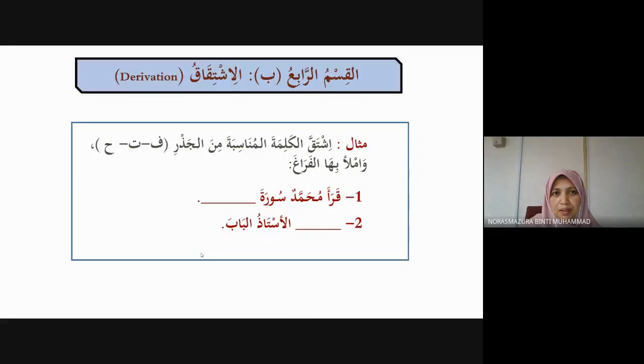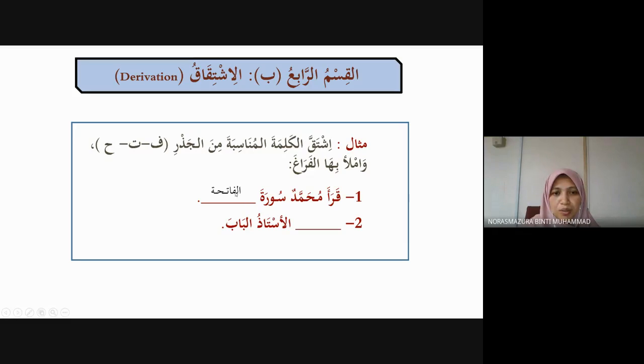Al-qismu rabi'. Misal al-ishtiqaq. Ishtaqal kalimatal munasibata minal jazri fataha. From the word fataha, it can be, for example, qara'a Muhammadun suratal Fatiha.